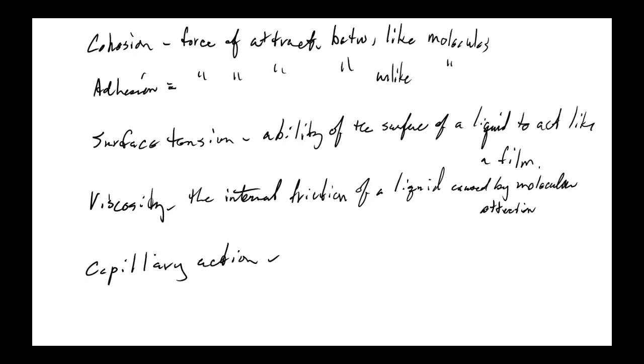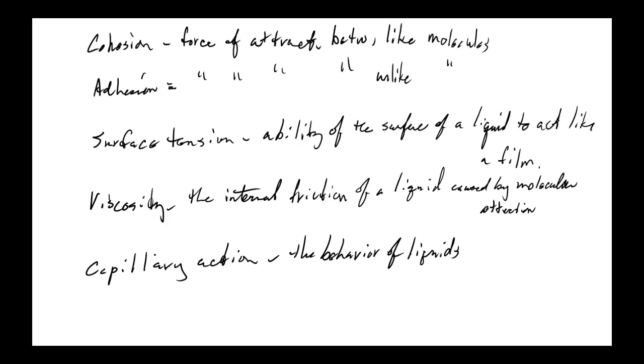very thin walls. So capillary action is the behavior of liquids that causes the liquid level in very small diameter tubes to be different from large diameter tubes. I'm not going to write all that, but you can read it from your book.